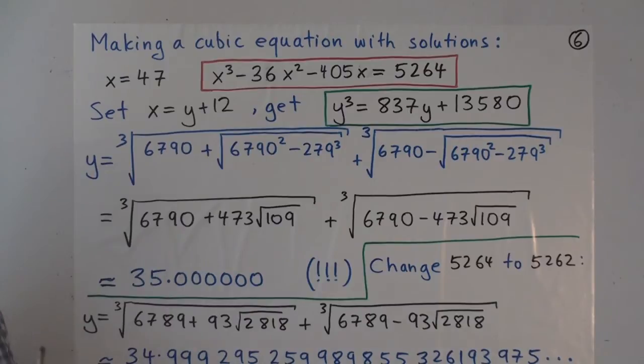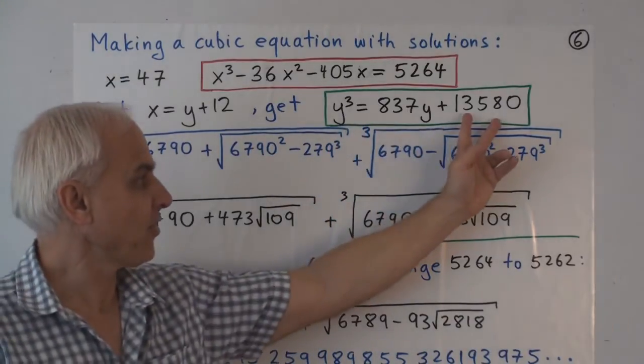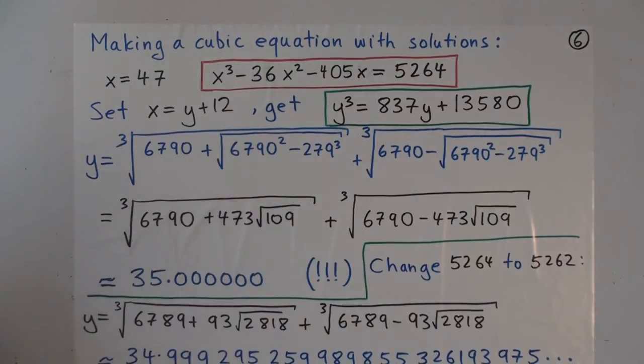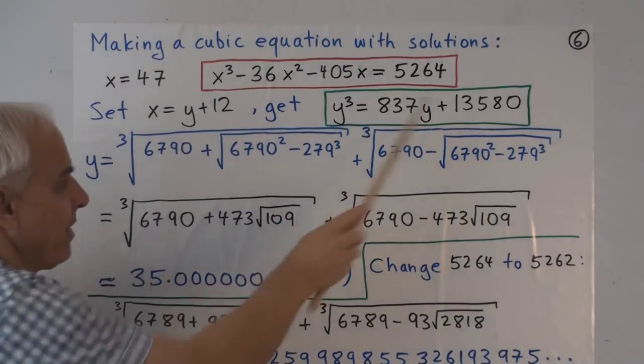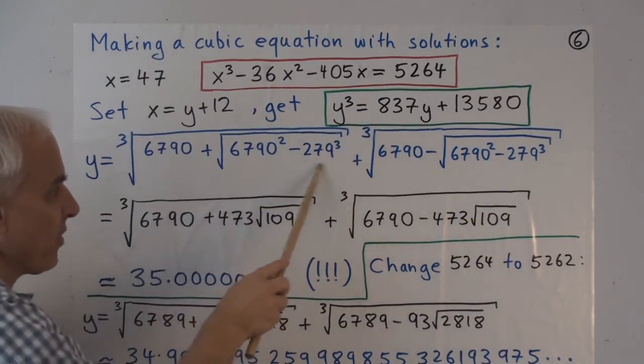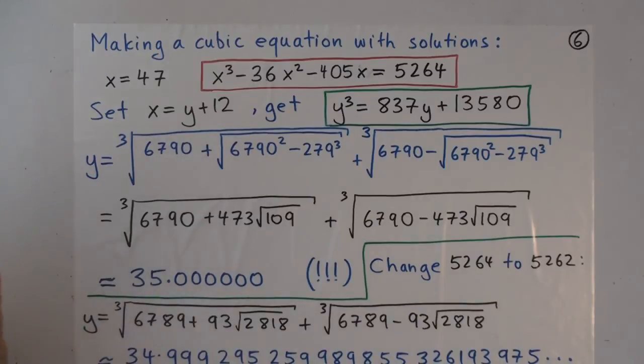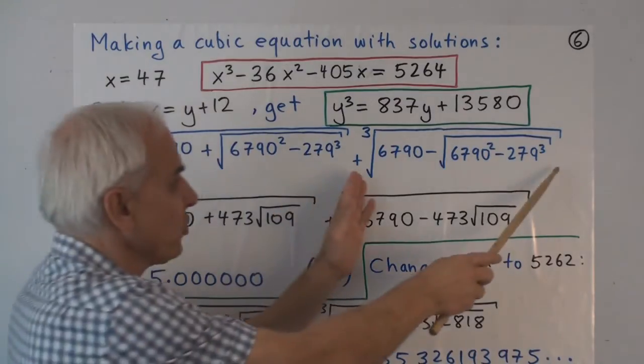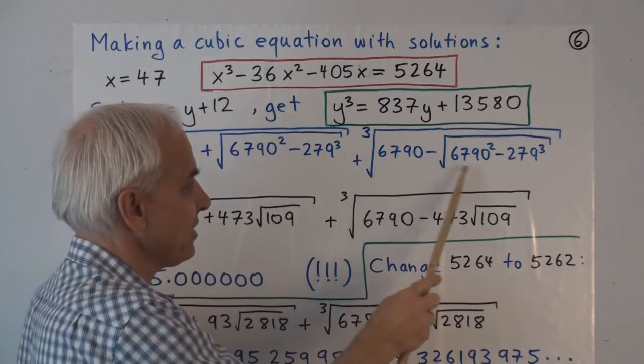So now we're just in the position where we can apply that previous formula. This is the p and this is the q. So we have a cubed root of, here is q over 2, and here is q over 2 squared minus p over 3 cubed. And then the same kind of term, but with a minus sign here.